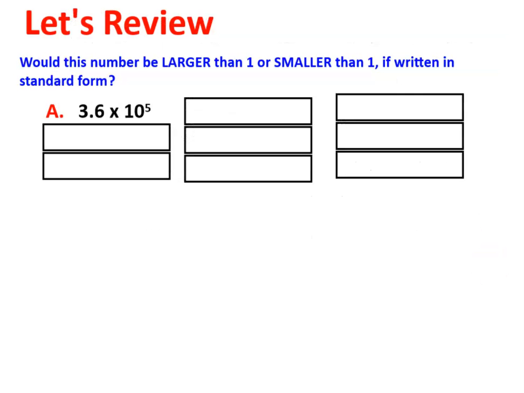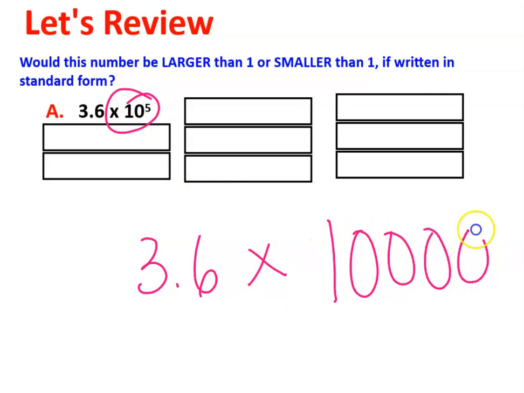All right, let's review this concept. I have the number 3.6 times 10 to the 5th. Remember, my power of 10 is positive. So does that mean that the number would be larger if I wrote it out in standard form, or would it be smaller? Let's think about this. I'm going to multiply 3.6 times 10 to the 5th, which is a 1 with 5 zeros.